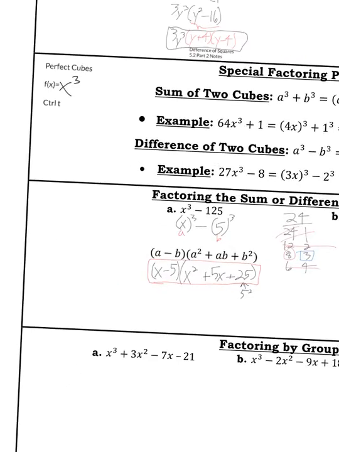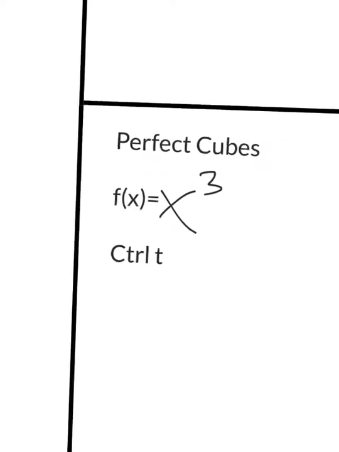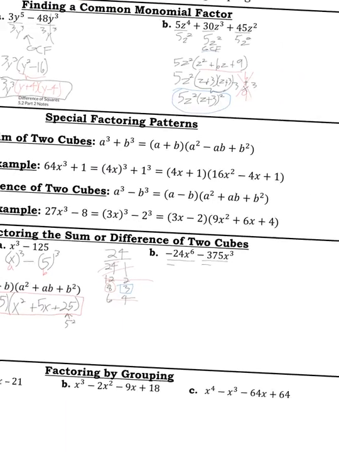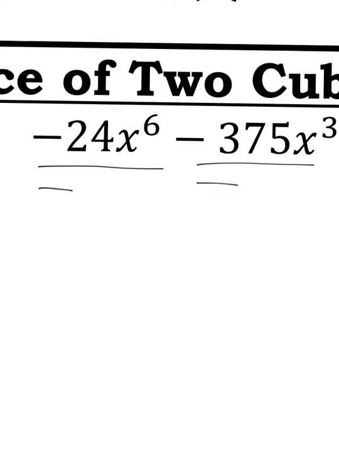Again, if you don't know your perfect cubes, you should be looking at the table of x to the third power, and then you'll see that 2 to the third power is 8. So I'm not going to divide it by 8. I'm going to divide it by 3 to leave behind the 8, because I'm going to try and use that perfect cube pattern. So besides, 8 doesn't go into 375, but 3 does.